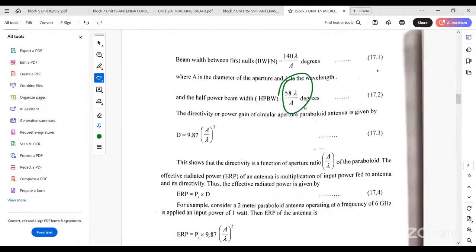Next, directivity formula. Directivity formula is 9.87, same formula as the helical antenna. అక్కడ 52 lambda to the power of 3/2, c circumference కూడా ఇచ్చాం చూడండి, c root a ఉంది అక్కడ. Here 58 lambda by a. 58 lambda by a ఉంది ఎట్లా.